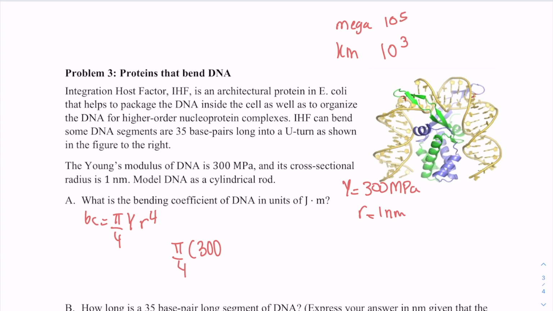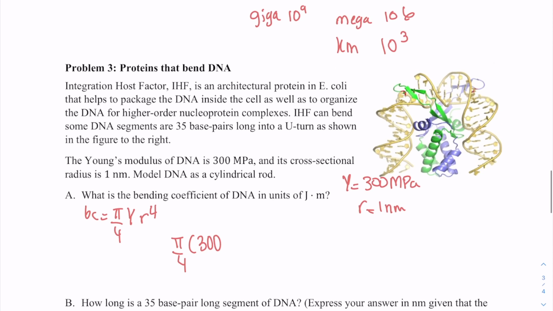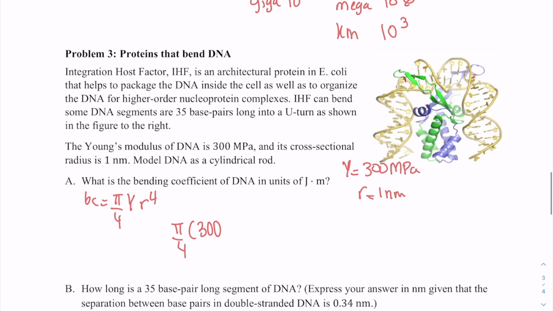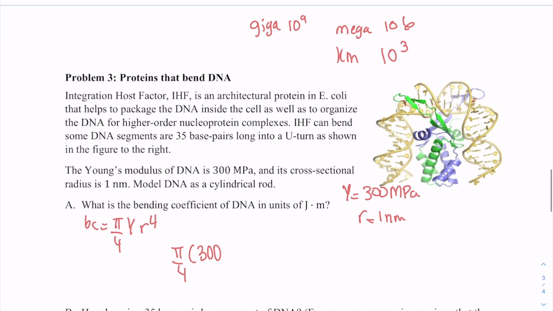I don't remember. No, that's not it. 10 to the 6th, that's what it is. And then giga is 10 to the 9th, I believe. Yeah, that's the one. Is tera 10 to the 12th? That's what I was thinking of. Tera is 10 to the 12th, I'm pretty sure.